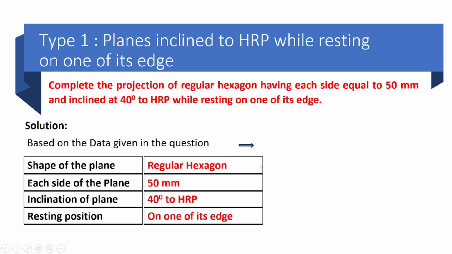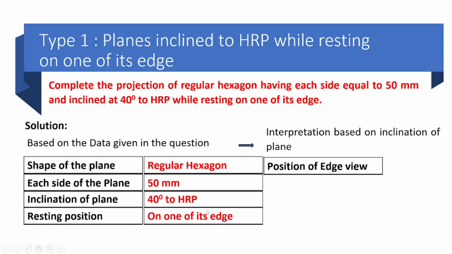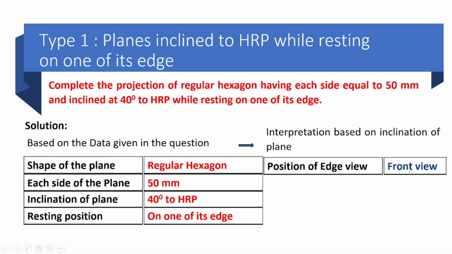Then we have to make an interpretation based on this data that we have found. As the plane is inclined to HRP, we have studied in the previous slide the principles, that is the edge view must be shown in front view.